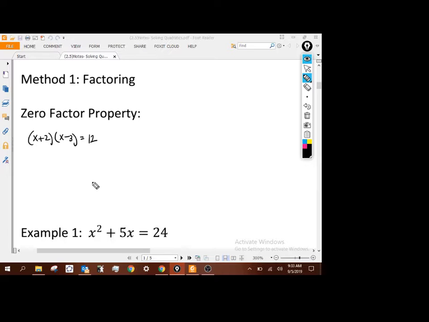Think about this. I'm multiplying two numbers together to get 12, right? Doesn't that mean that number there could be 3 and that one could be 4? Doesn't it mean that one could have been 2 and that one be 6? Doesn't it mean that one could be 1 and that one could be 12?